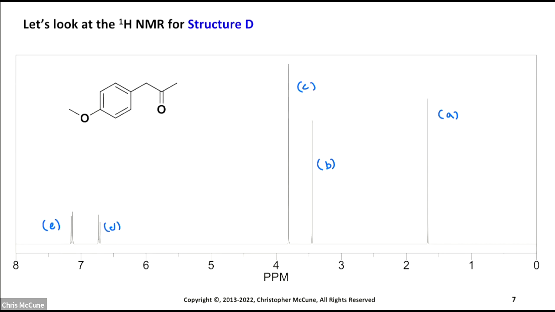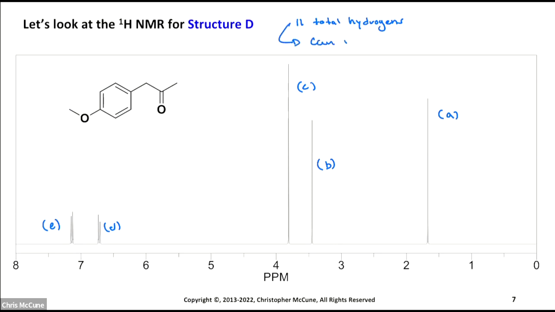Each of them gets its own integration. And I'll give you a clue here. So we have 11 total hydrogens. And so what's not shown is the integration. So I'll just leave that up to you.